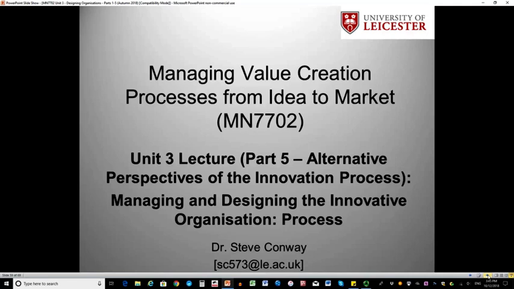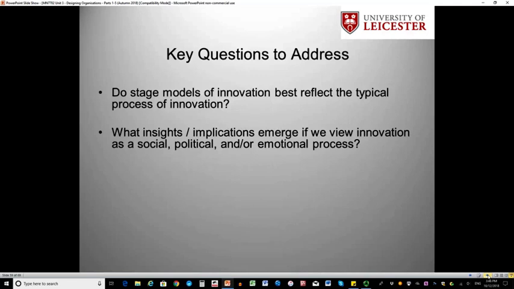And what I want to do now is just finish in part 5 looking at alternative perspectives of the innovation process. And the key questions to ask here are, what are the key stages of innovation or key features of the innovation process?